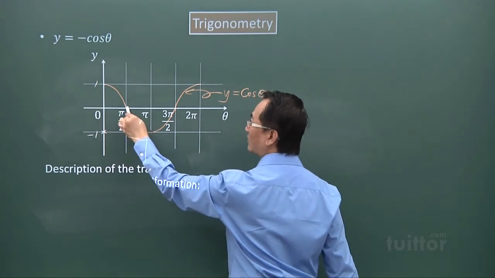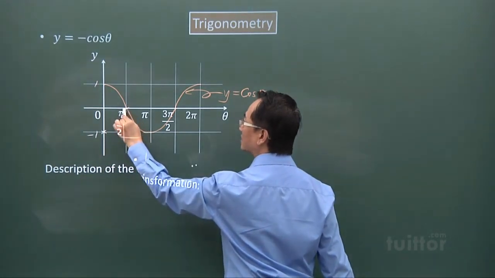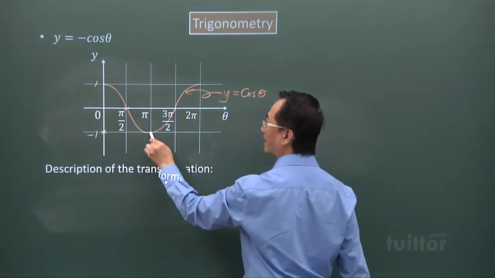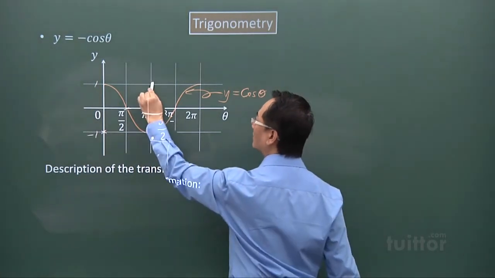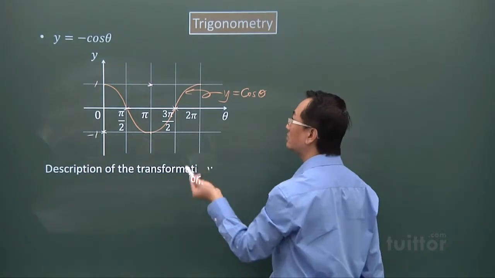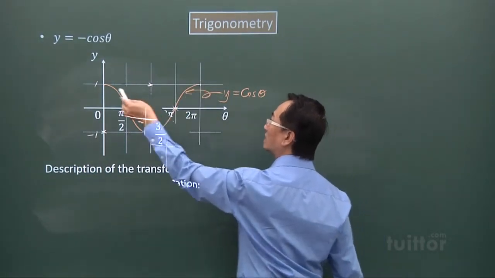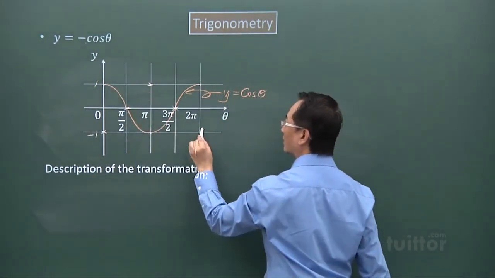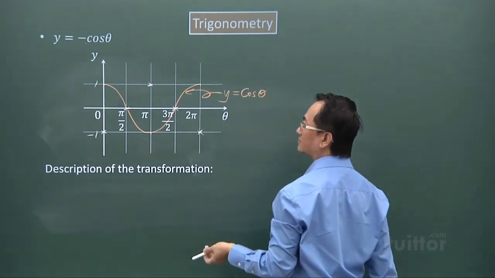Put a negative in front of the 0, still there. The negative 1 will become positive 1. Negative 0 is still 0. The 1 here with the negative becomes negative 1.